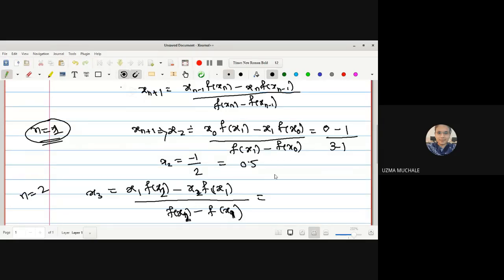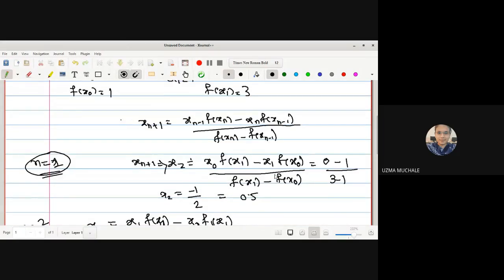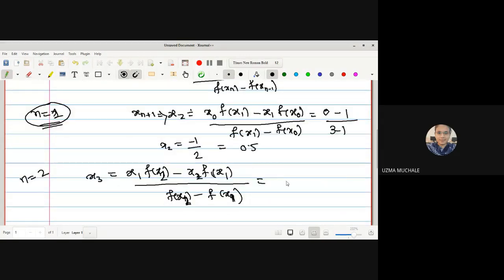The value of x1 is 1, into f(x2). From this we can find the value of f(x2).